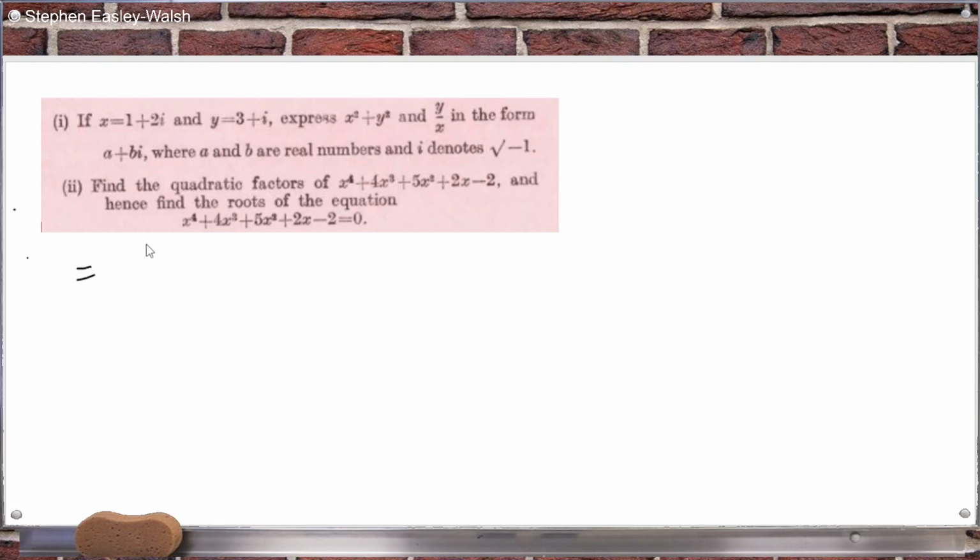It's 2 quadratic factors. So we can see that it has to be x squared at the front because that's the only way to make an x4 here. And the only way to get minus 2 is with a plus 1 and minus 2.